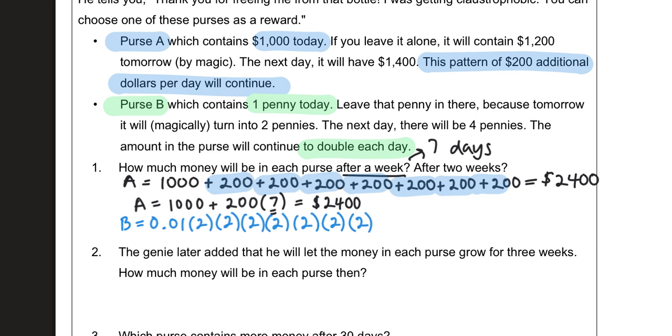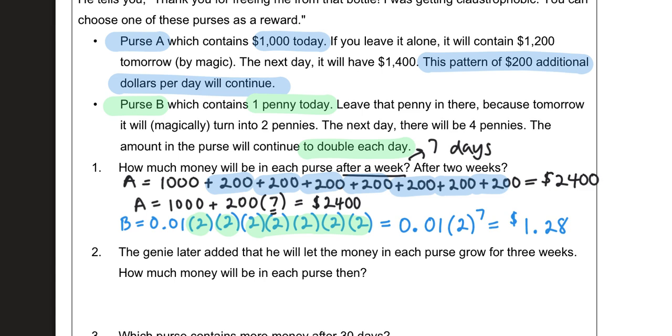That can be rewritten because we have this repeated multiplication here. We can rewrite that with an exponent, so 0.01 times 2 to the 7th power. So that would give us $1.28.